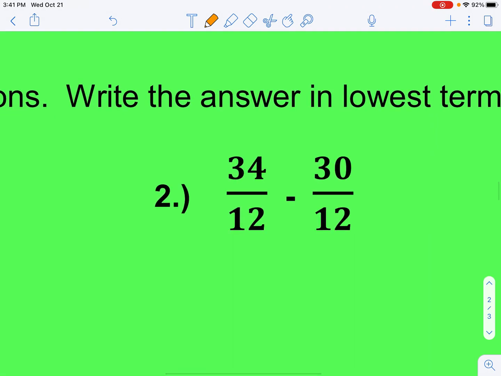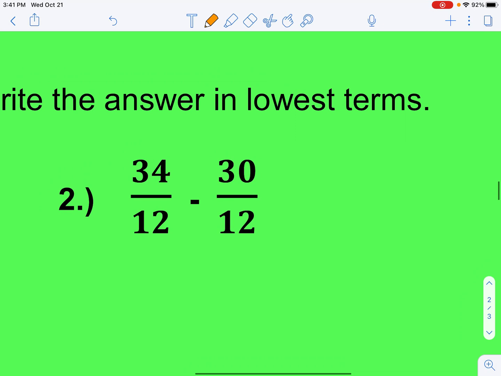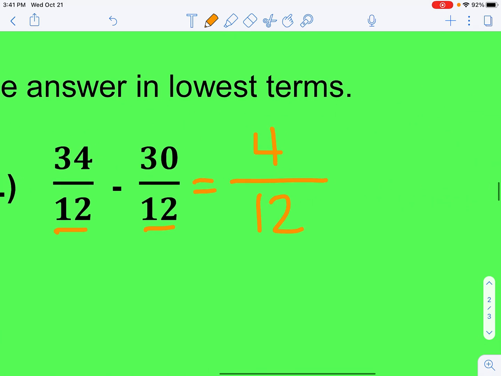Alright, number 2. Taking 34 over 12 minus 30 over 12. I see my denominators are the same, so I subtract straight across. 34 minus 30 gives me 4, and my denominator is 12. So now I need to simplify 4 over 12.